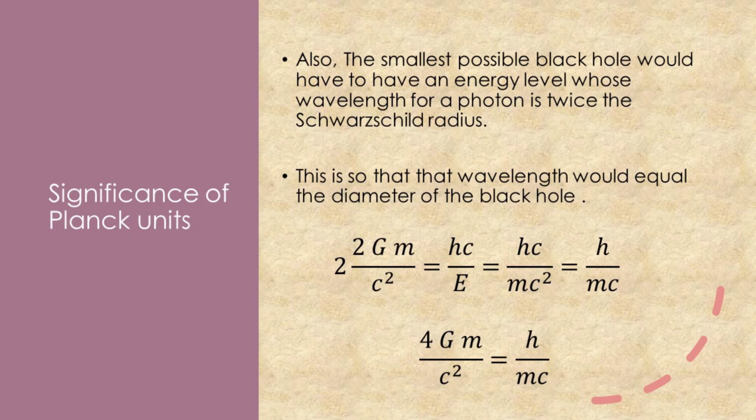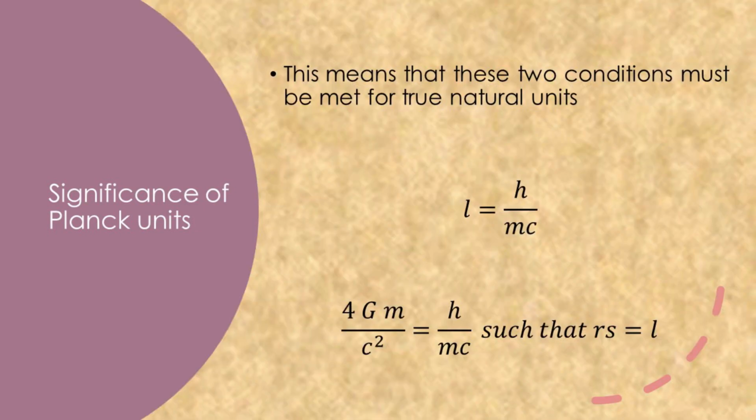The smallest possible black hole would have an energy level whose wavelength for a photon is twice the Schwarzschild radius. That is, the wavelength would be equal to the diameter of the black hole. This results in the formula that we see here. This means that these two conditions must be met for true natural units, that being that 4Gm over c squared equals h over mc.